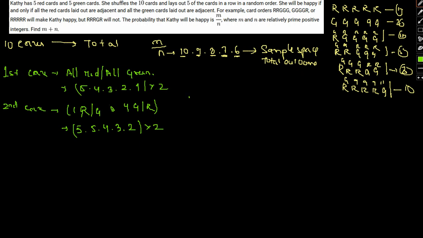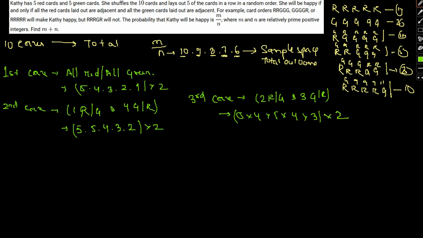Third case would be 2 red or green and 3 green or red. So this will be 5 into 4 into 5 into 4 into 3. Again we'll multiply by 2 because of the two conditions.